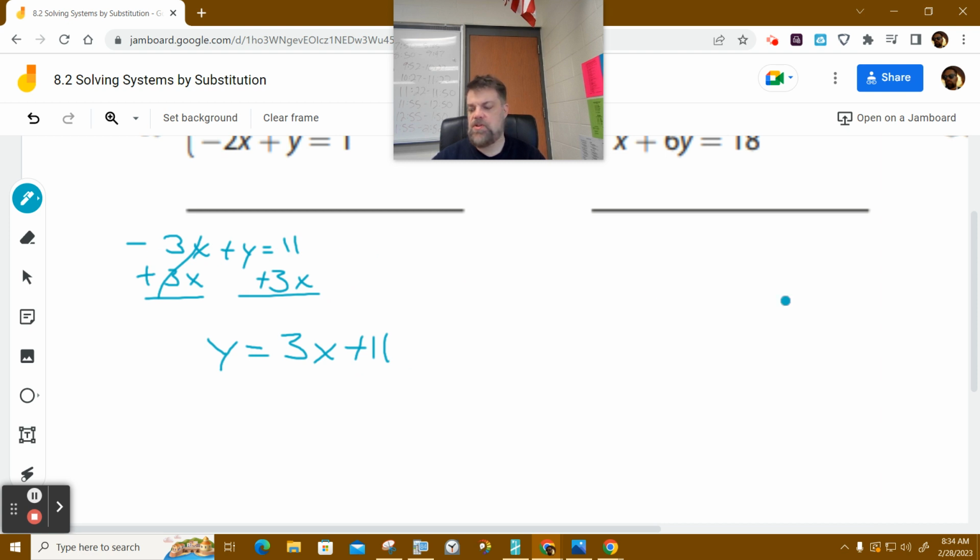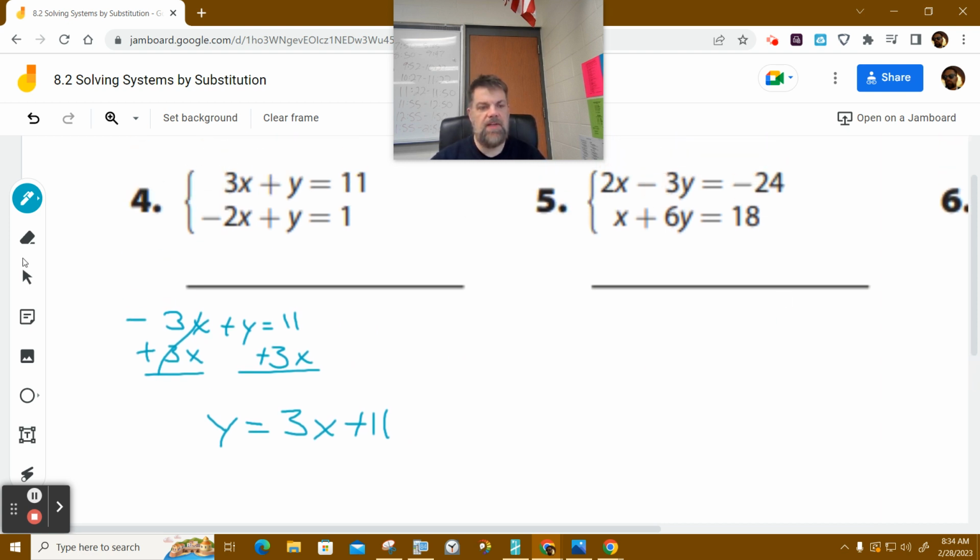So now here's the trick. I'm going to take this equation right here, and I'm going to rewrite it right underneath. I'm going to say negative 2x plus y equals 1. Now, I'm going to give you a second to write that down.